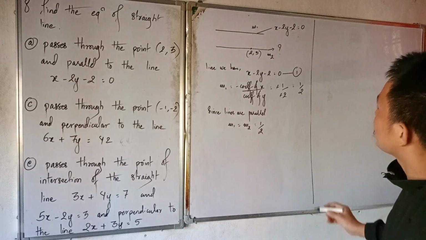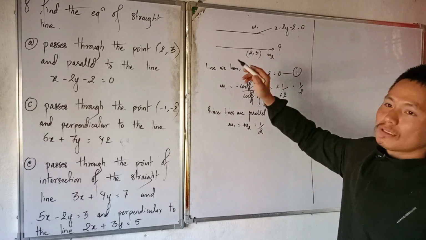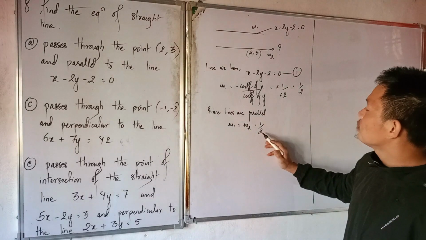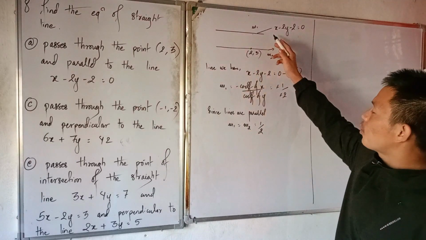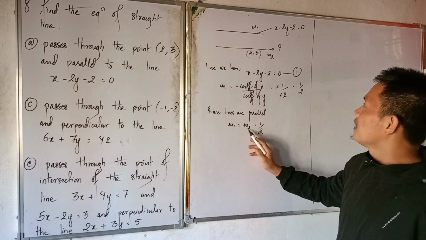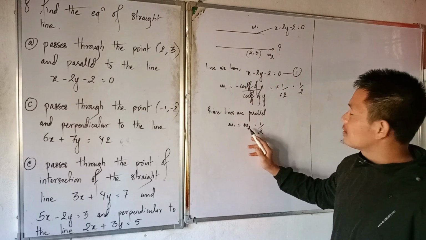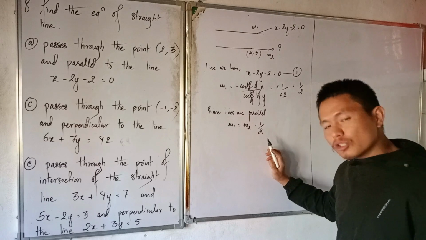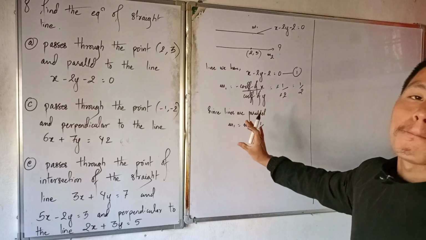If the lines are parallel, then their slopes will be equal. So if the slope of the first line is 1 by 2, then the slope of the second line, which we have considered as m2, is also 1 by 2, since the lines are parallel.